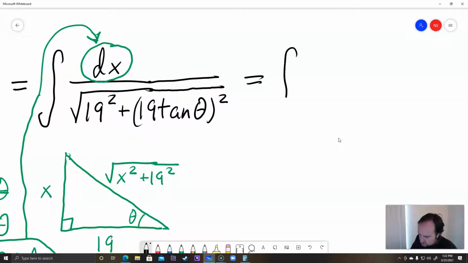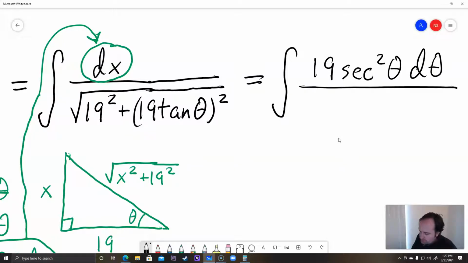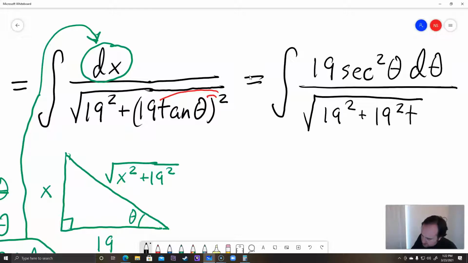So we've got the integral of 19 secant squared of theta d theta on the top, and on the bottom we can simplify what's inside of this radical. On the inside of this radical, realize that we can distribute the square for the second term, so we're going to have 19 squared times tan squared of theta. So we have the square root of 19 squared plus 19 squared tan squared of theta.